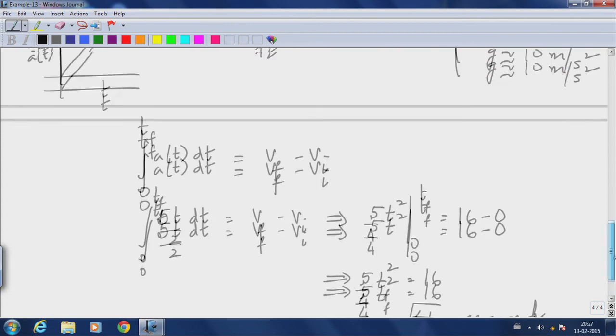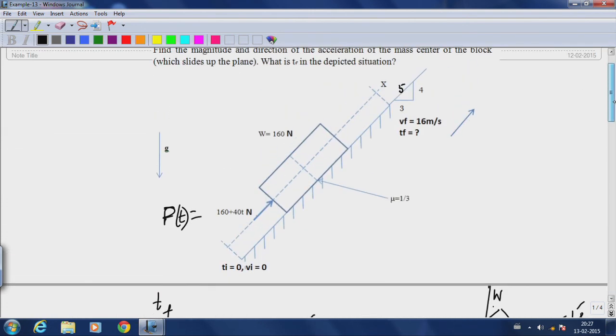So, this force acting on the block for about 3 seconds would get the block up the inclined plane to a velocity of 16 meters a second.